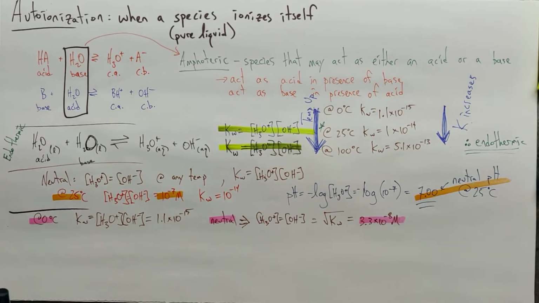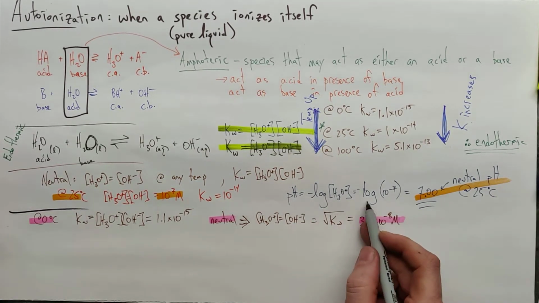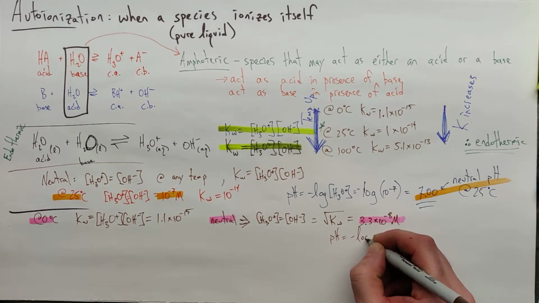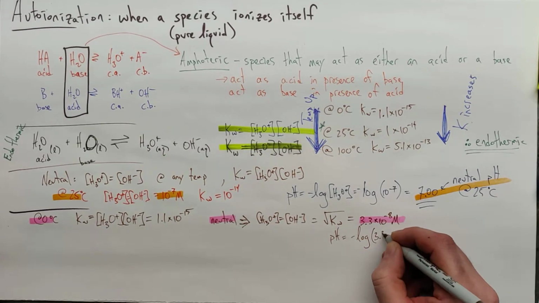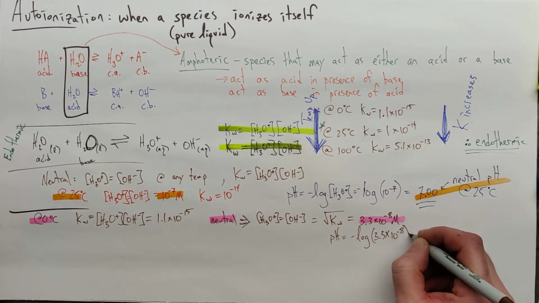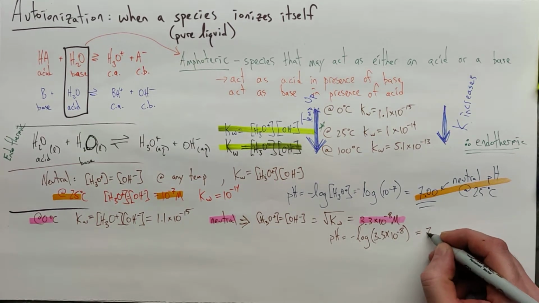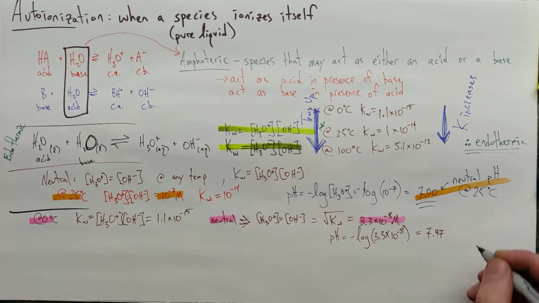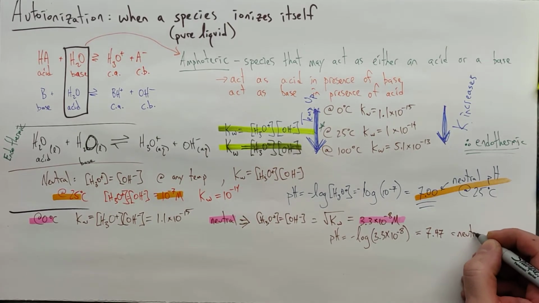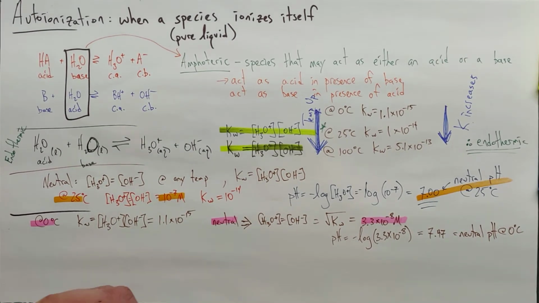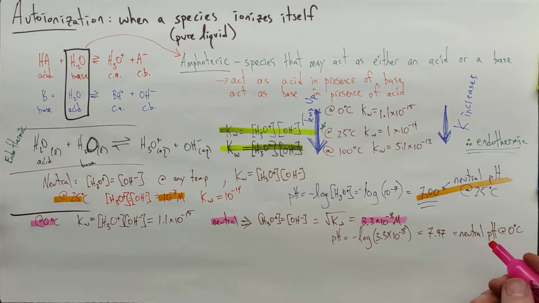So let's get our pH here real quickly. If pH is the negative log of the concentration of H3O+, we end up with a pH there of 7.47 for neutral. That's a different number, yeah?